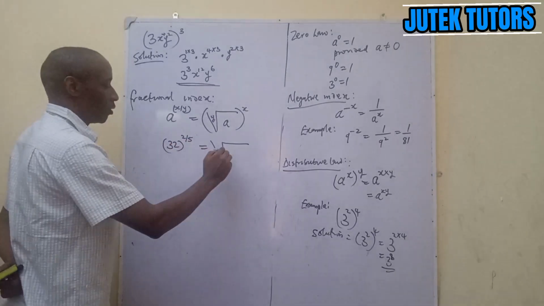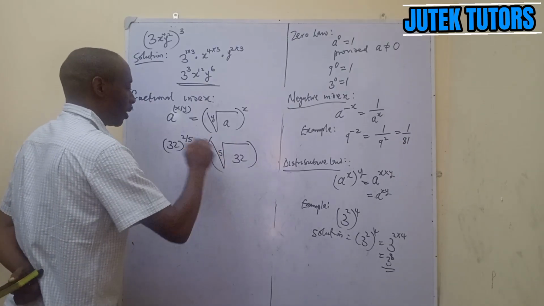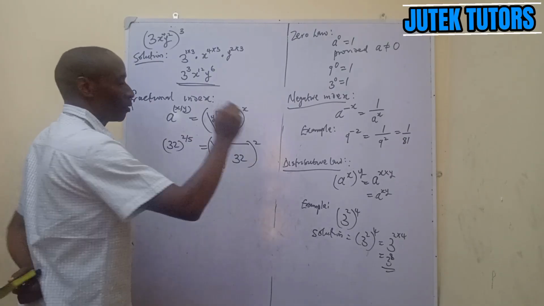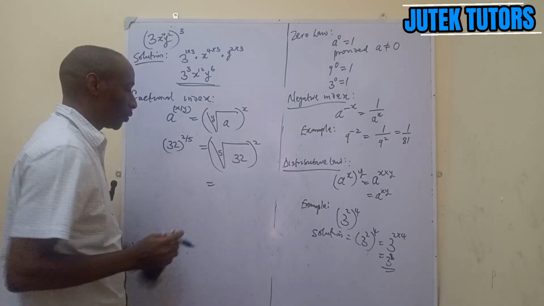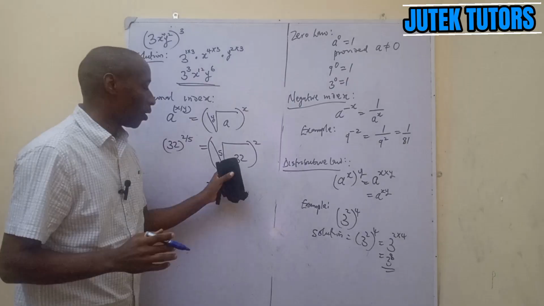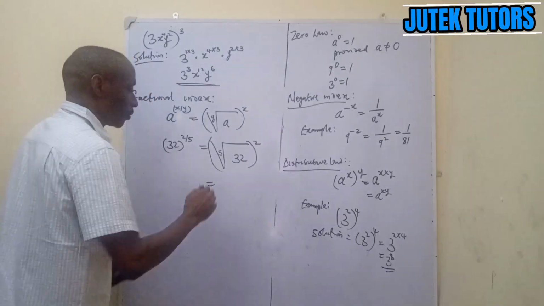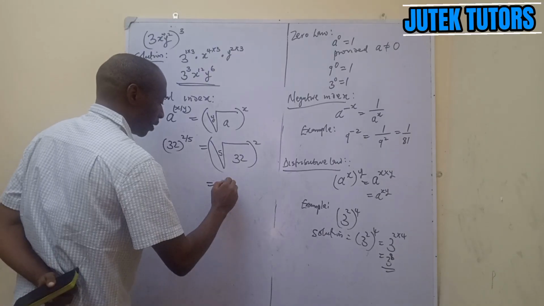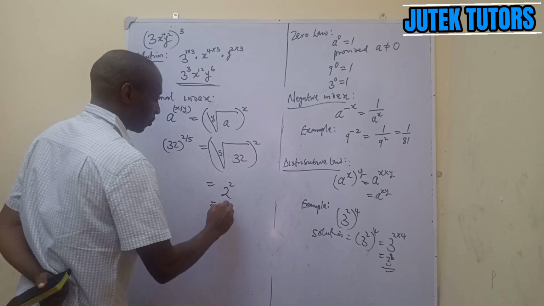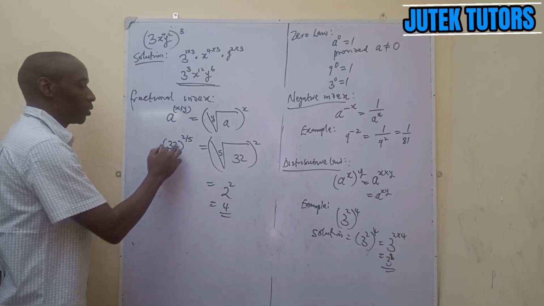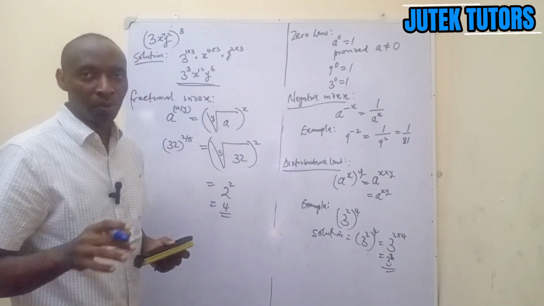Then raised to the power, the numerator is the power. The fifth root of 32 is 2, so we have 2 raised to the power of 2, and 2 raised to the power of 2 is 4. So 32 raised to the power of 2 over 5 is 4.